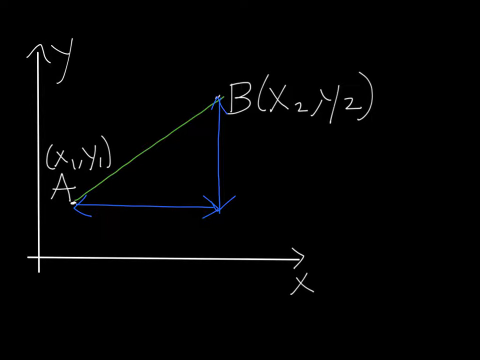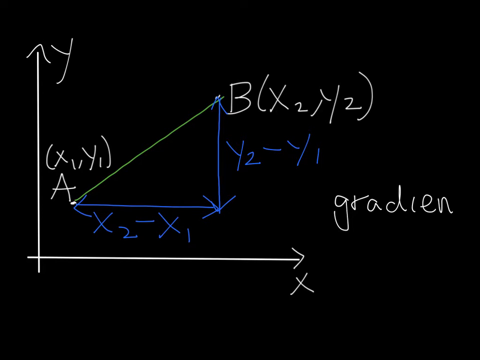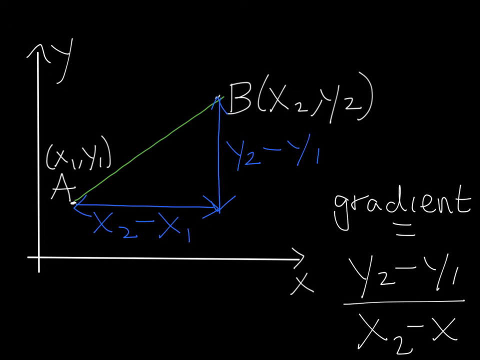So the change in the y value is y2 minus y1, and the change in the x value is x2 minus x1, and we can therefore define the gradient of this green line. So the gradient equals y2 minus y1 over x2 minus x1.